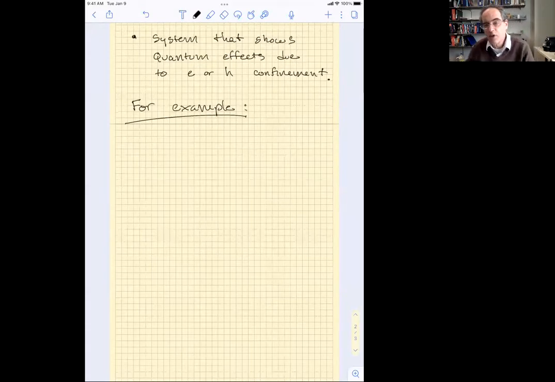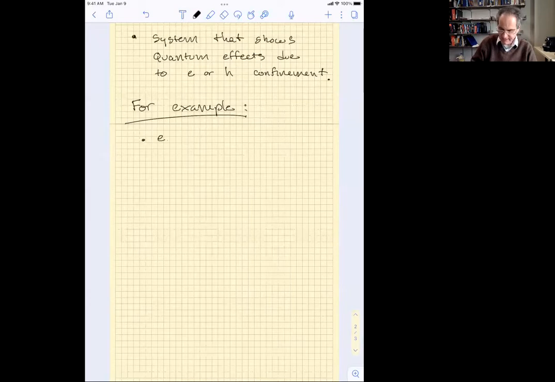So for example, we're going to find that electrons in a confining potential can be treated like particles that have an effective mass. And so when we look at the effect of the confining potential, we can write down Schrodinger's equation much as it normally is, but where the mass is replaced by the effective mass.